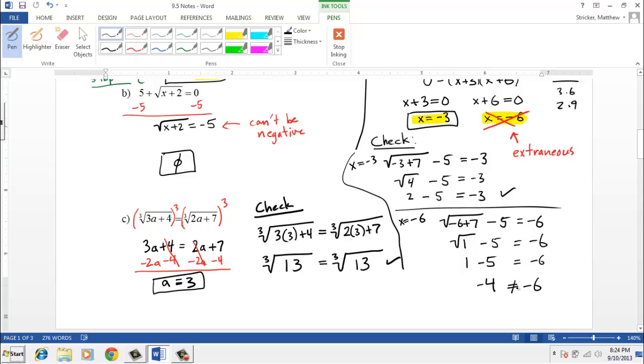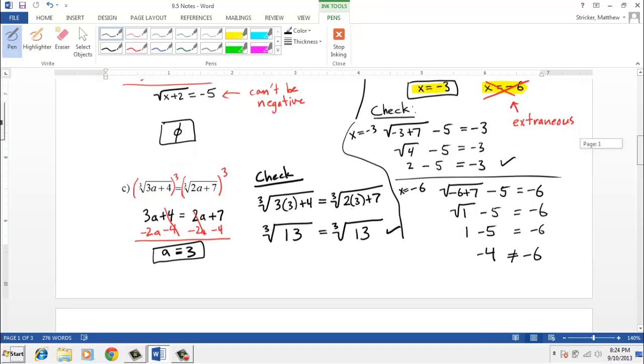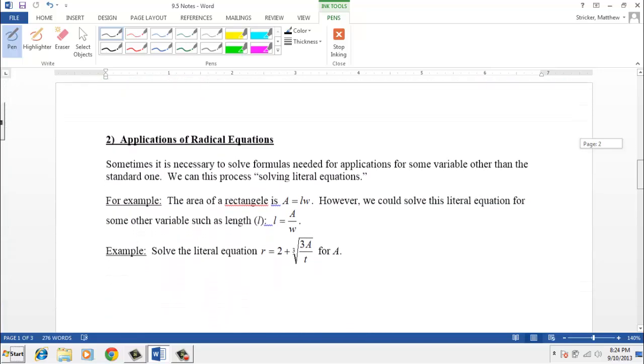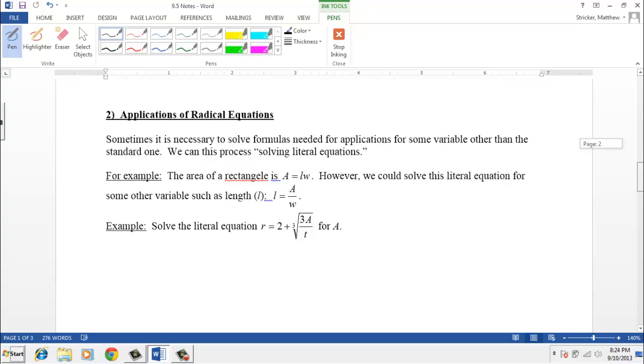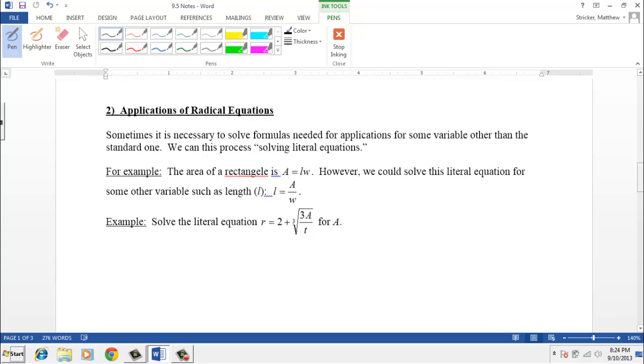So that pretty much covers the gamut on solving radical equations. We now need to move to some applications of radical equations. And so if we're trying to solve different applications, sometimes we need to do what's called solve a literal equation. That's where we take an equation like A equals L times W, and we solve for one of the variables that hasn't been solved for.